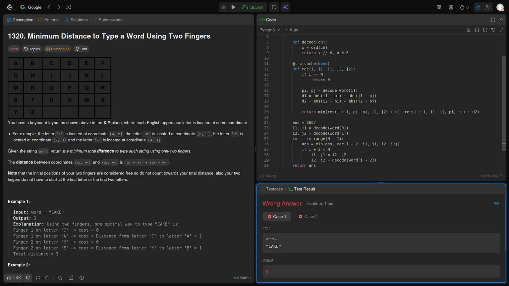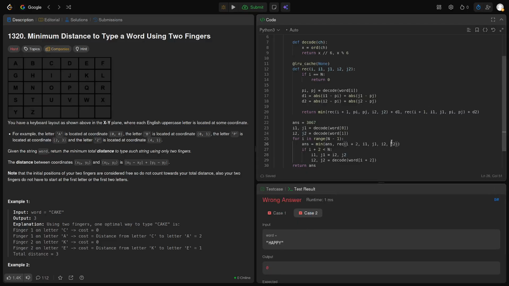Like this then. Still 0 anyways. Oh, because I'm not calculating the typed is 0, right? Then we do this.